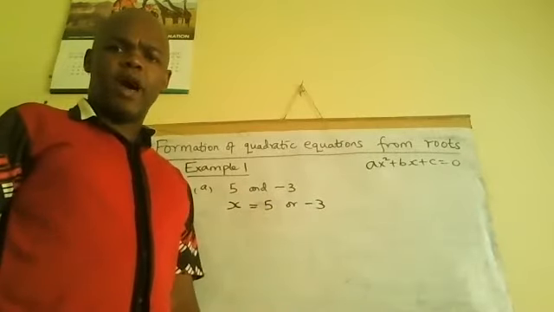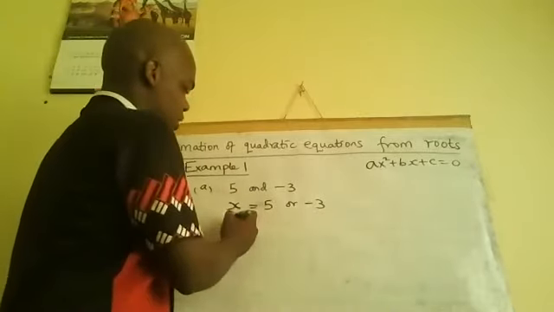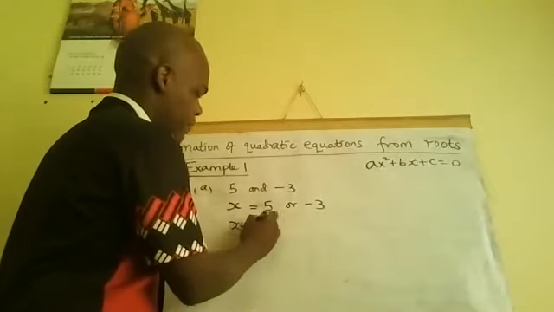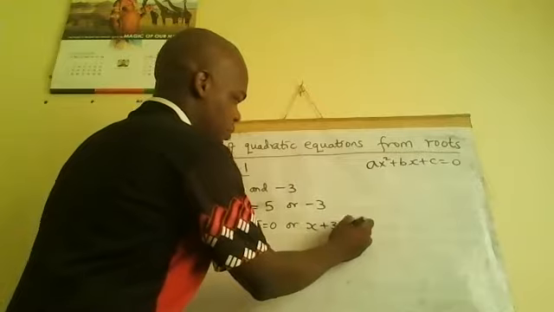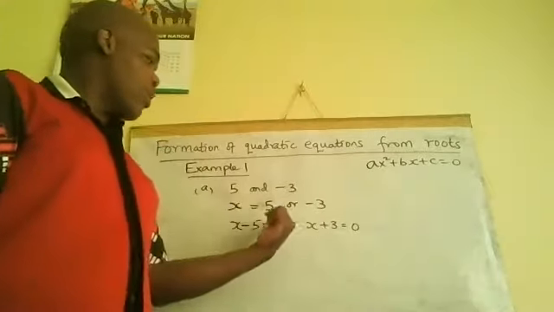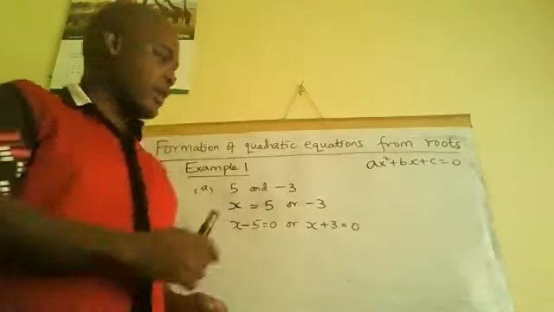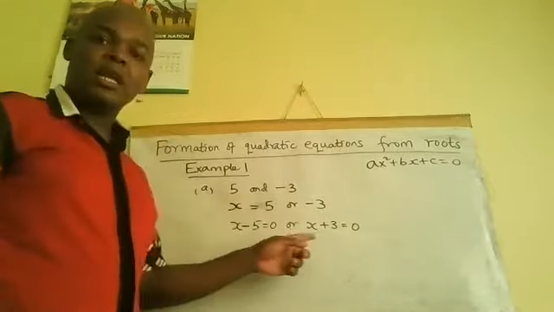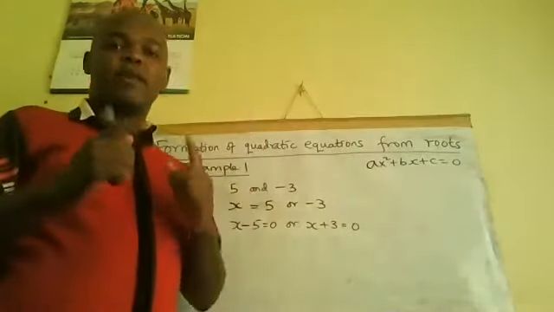Then you say x minus 5 equals 0, or x plus 3 equals 0. Recall that when you cross the equal sign, minus changes to plus and plus changes to minus. So it is the reverse.